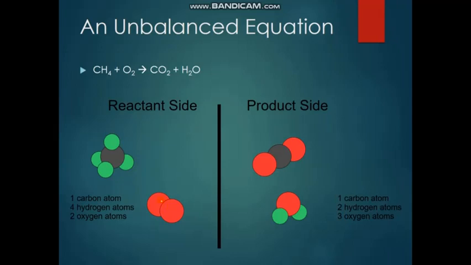So we have here 2 oxygen atoms. On the other hand, we have 2 oxygen atoms in carbon dioxide and 1 oxygen atom in the water molecule. We have 2 hydrogen in the water molecule and 1 carbon in our carbon dioxide.